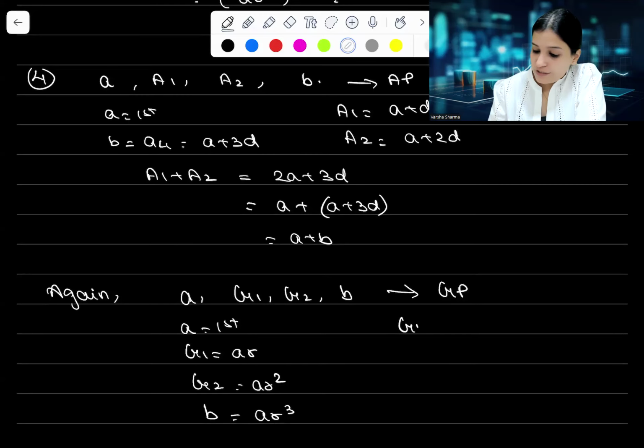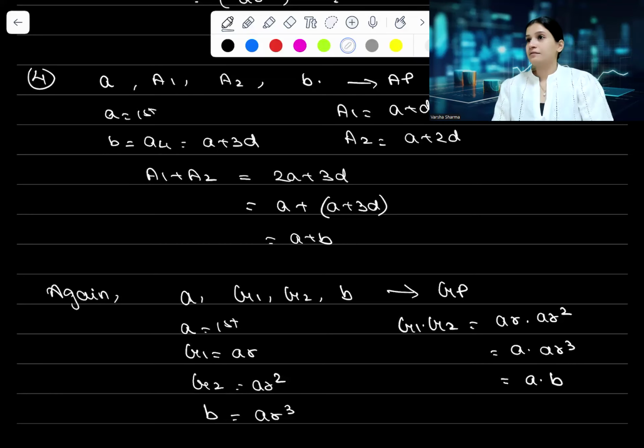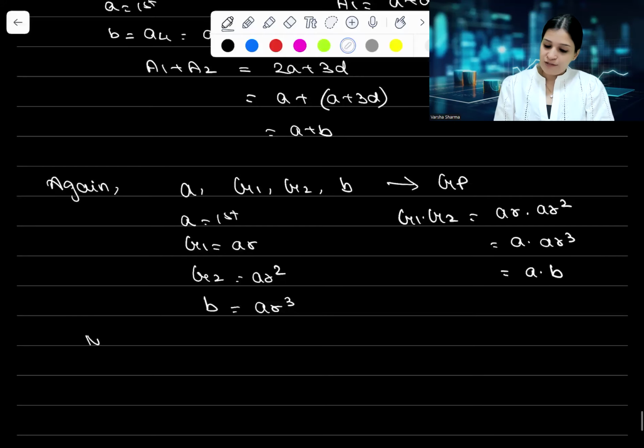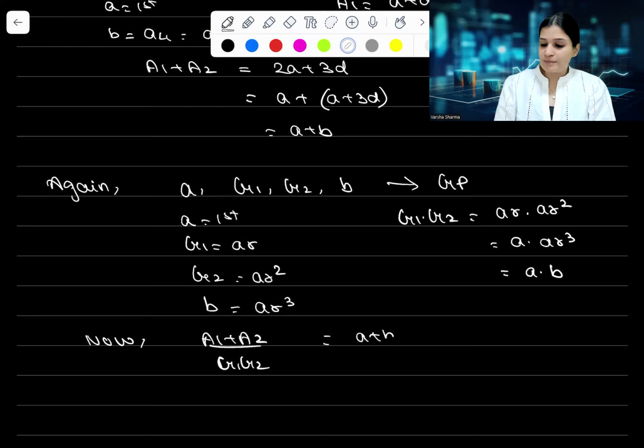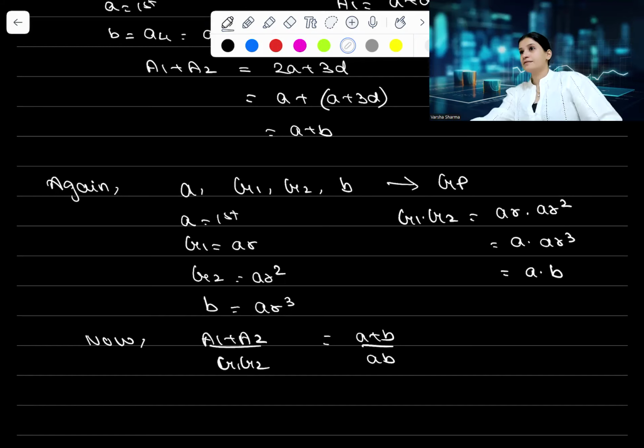Now G1 into G2 is a into ar cubed. A is a, and ar cubed can be written as b. So the value of (A1 plus A2) upon (G1 into G2) would be (a plus b) by ab.